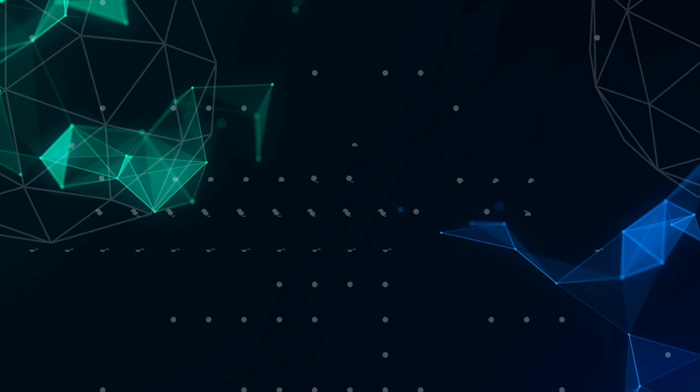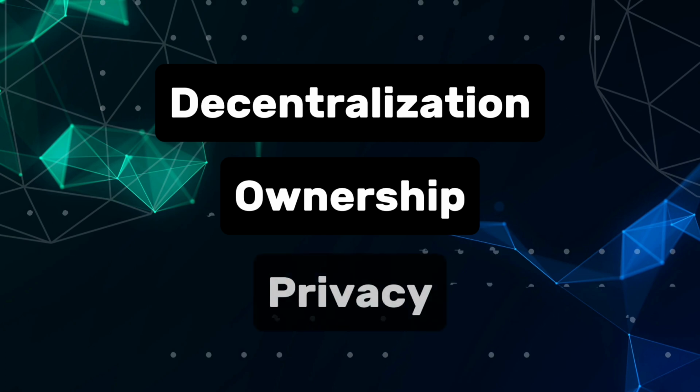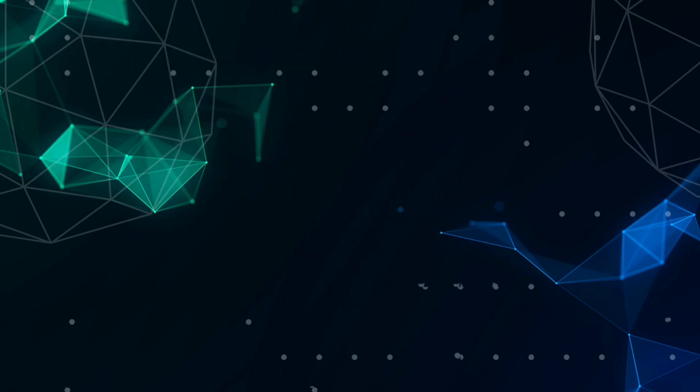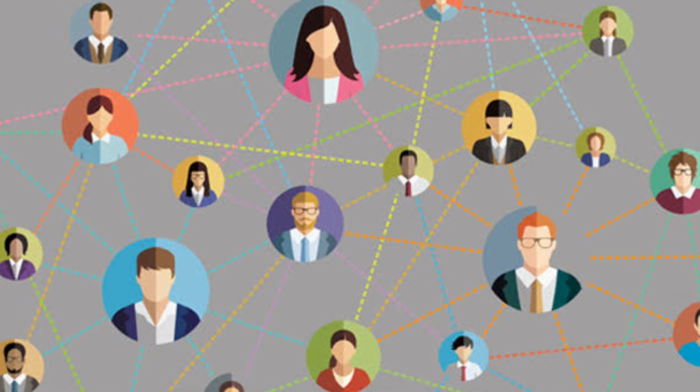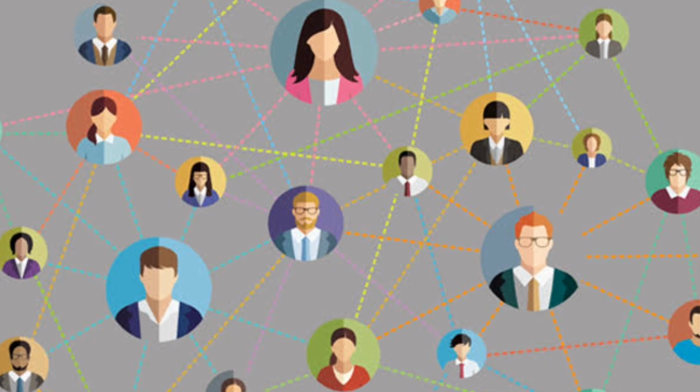So how does Web3 actually work? Here are three core ideas that make Web3 revolutionary: decentralization, ownership, and privacy. Let me break them down for you. When we talk about decentralization, we need to understand that Web2 apps run on centralized servers. That means these servers are owned by Amazon, Google, Microsoft.